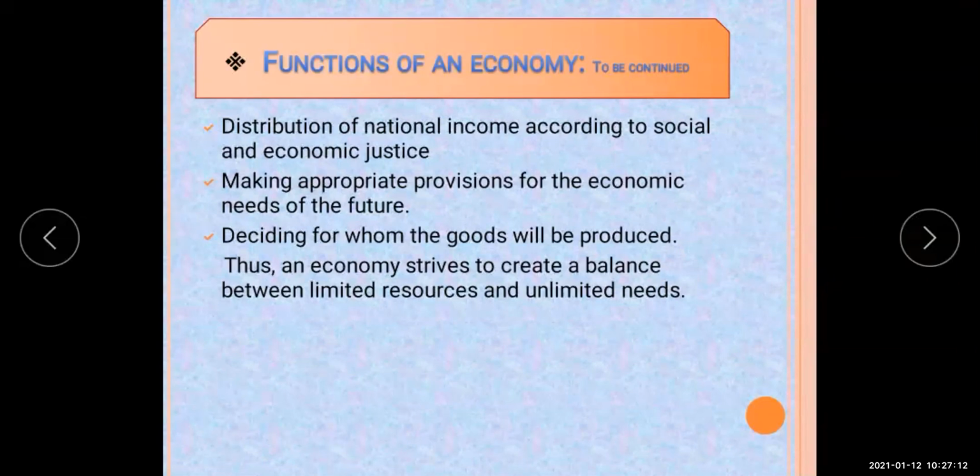Next, the last point tells us about deciding for whom the goods will be produced. You have to decide to whom you are producing the goods. First we should decide what should be produced, then for whom. For example, the people who are dying because of lack of food.